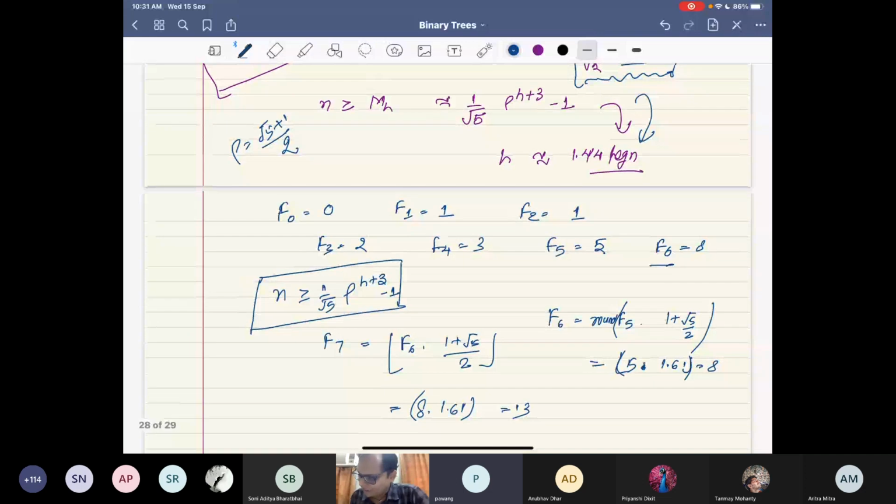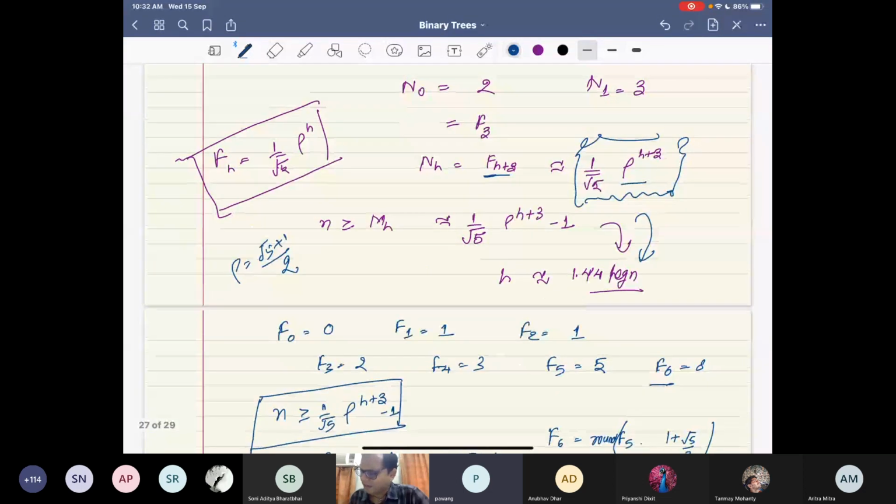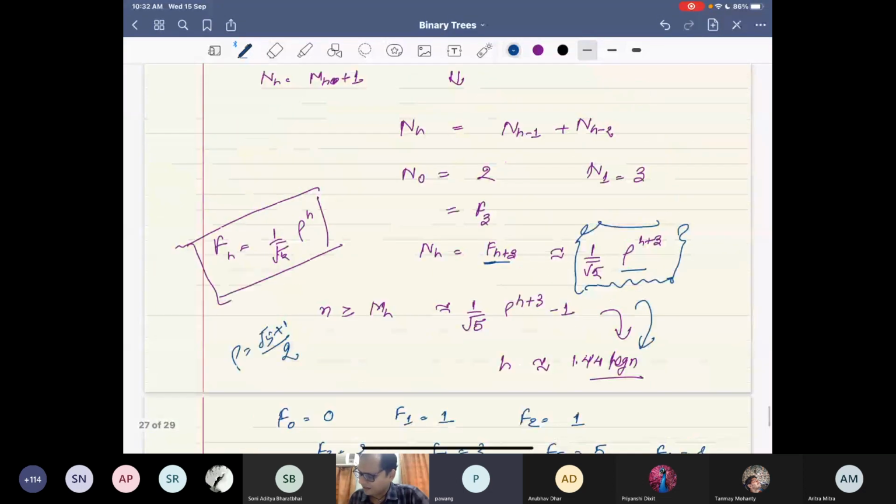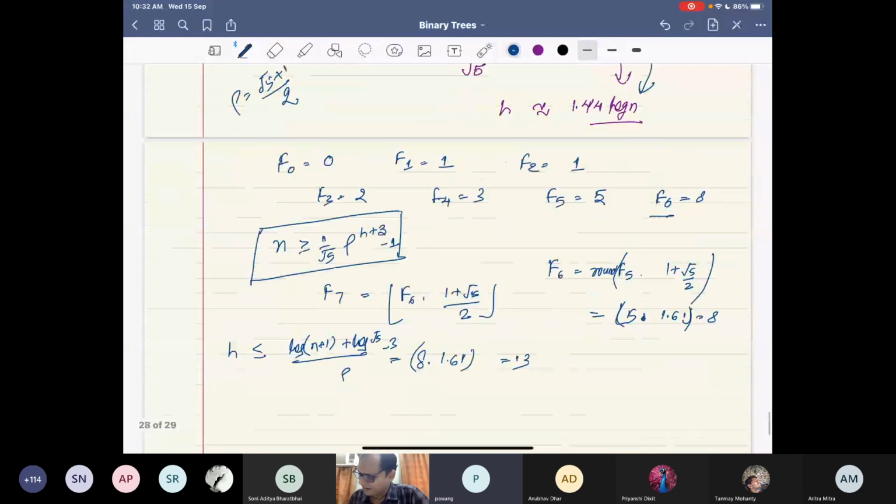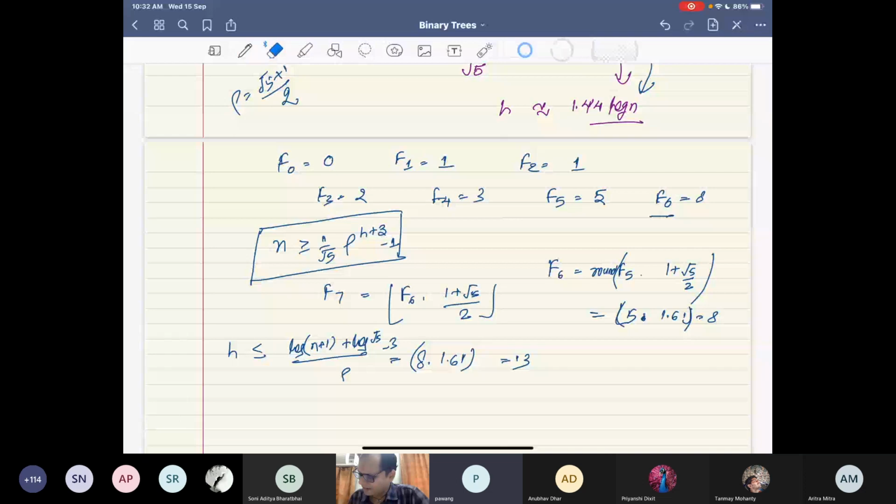And this will give you h is less than or equal to log of n plus 1 plus log of root 5, divided by log rho, minus 3. Sir, I think it will be log rho.